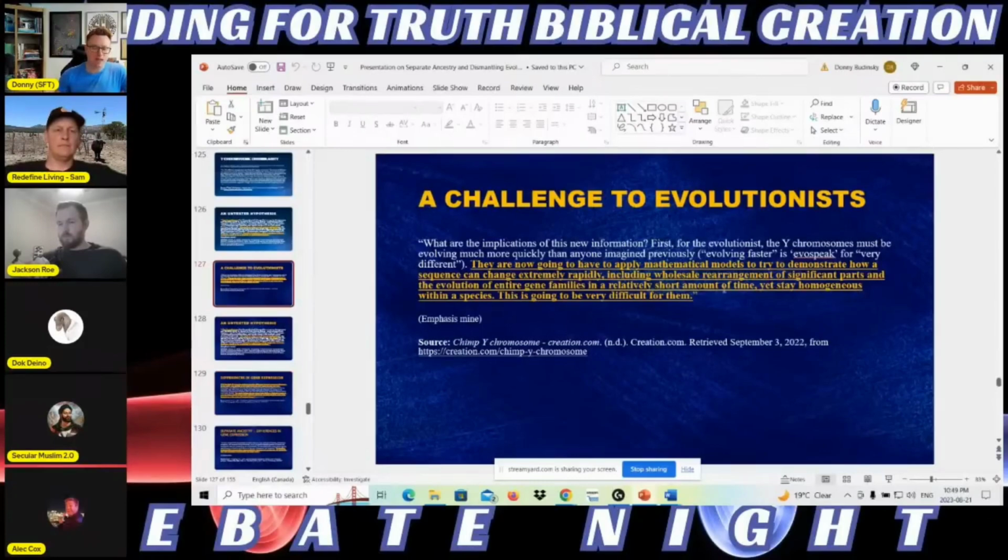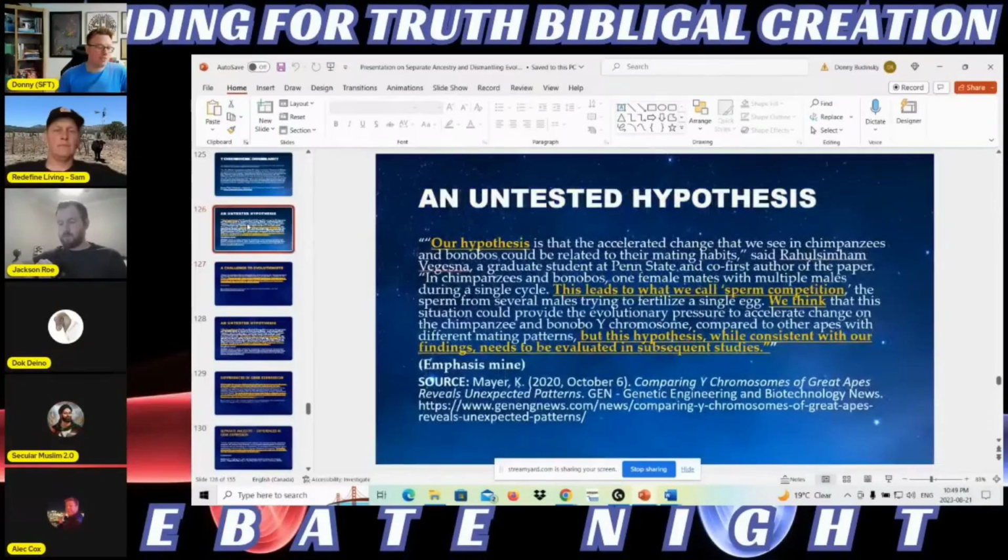You actually have to now explain wholesale rearrangement of significant parts, the evolution of entire gene families. So not just the loss of some genes or genetic content, but the addition of entire gene families, yet stay homogeneous within a species. What I mean is all humans have a Y chromosome that's nearly identical, right? But when you bring in the chimpanzees, there's a lot of dissimilarity there.